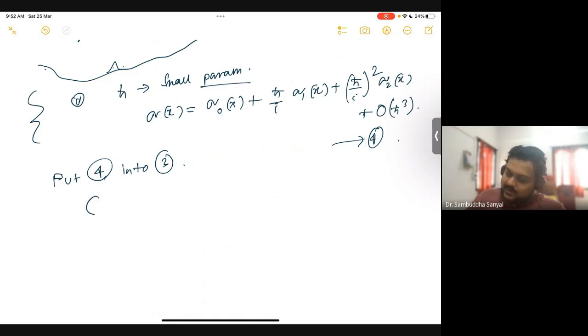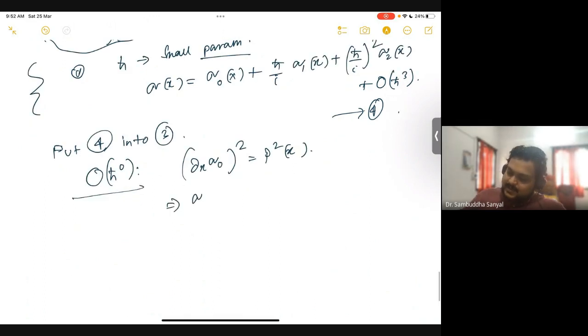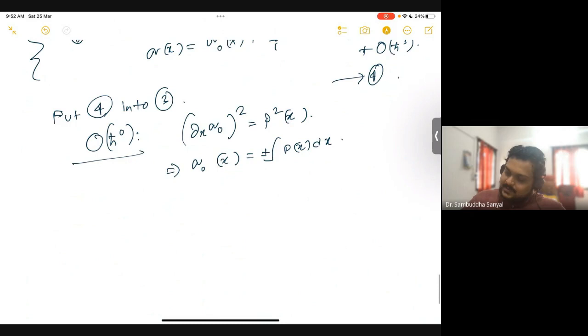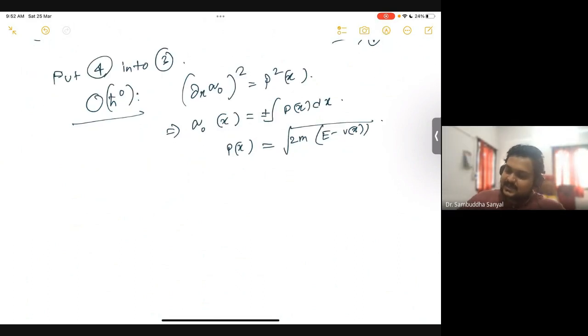So at order h bar to the power 0, it is what we already know, this square, where sigma naught x is basically plus minus the integral of px, where px is the square root of 2m(E minus V). So this is basically the classical action.